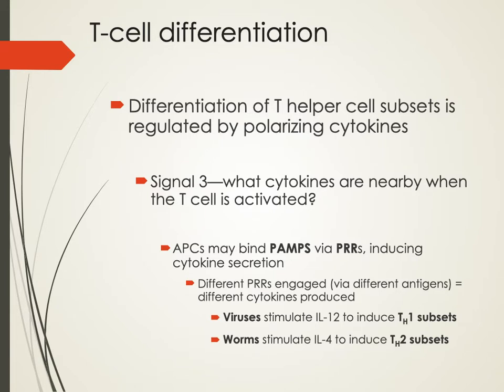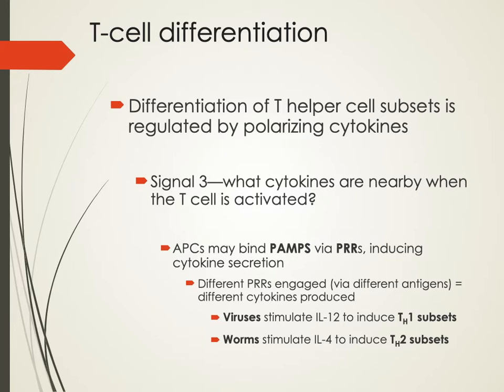Keep in mind that the APCs may be binding PAMPs or MAMPs or DAMPs on their pattern recognition receptors, PRRs, and that's going to induce cytokine secretion from them. Depending upon which pattern recognition receptors are engaged, you get different cytokine production, which would give you a different T cell subset.